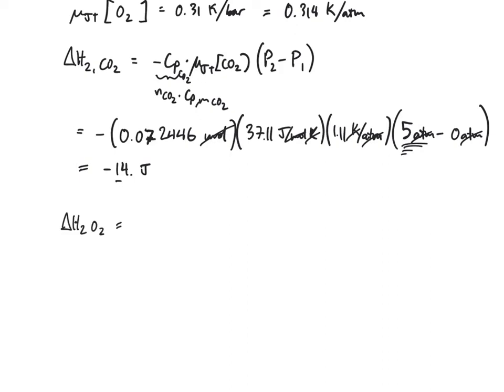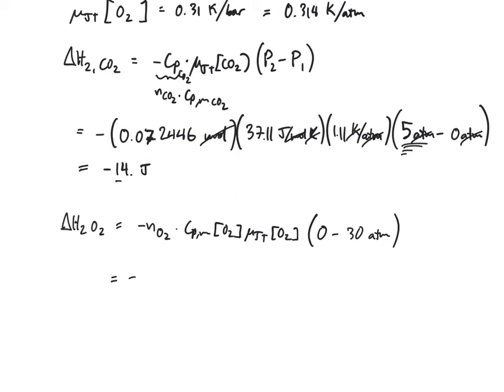So now for the correction with regards to O2, it's just going to be the same formula. The number of moles of NO2, CPM for O2, and mu JT for O2. But this time, I'm correcting for the adjustment to 30 atmospheres on that side.